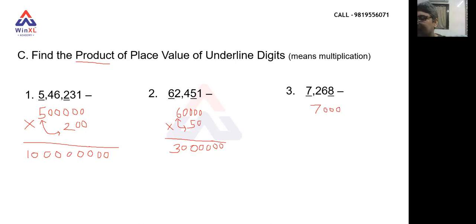It is at 1,000 place, and multiply by 8. 8 is at unit place. Now here are 3 zeros. So we write down those 3 zeros first and multiply these two numbers. So this is our answer.